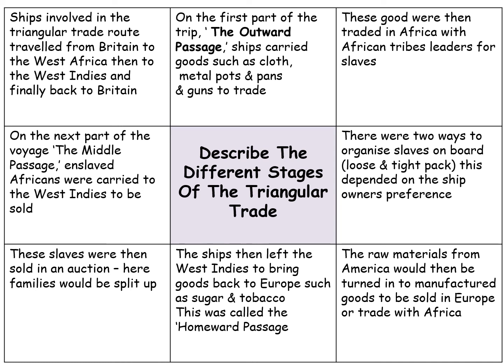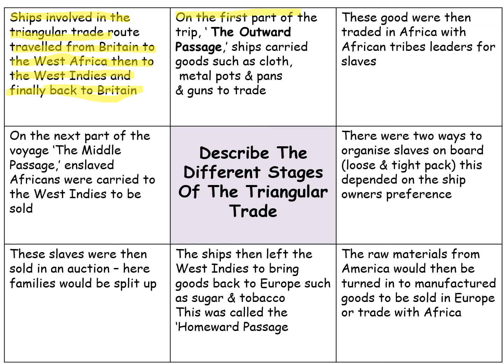So key points of information that we want, we're going to say ships involved in the triangular trade travelled from Britain to West Africa, then to the West Indies, and finally back to Britain. So quite a bit to write on this one.